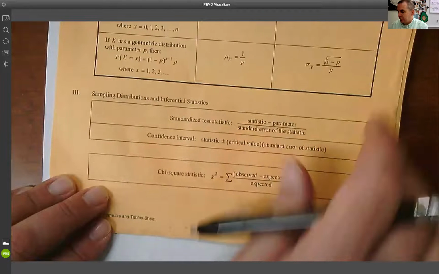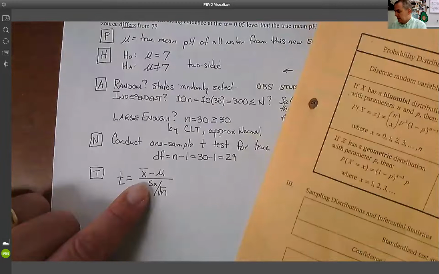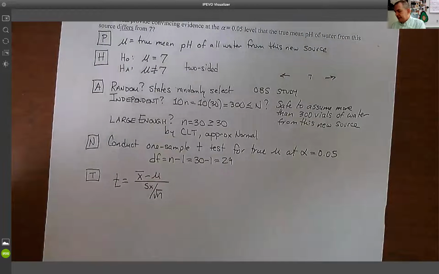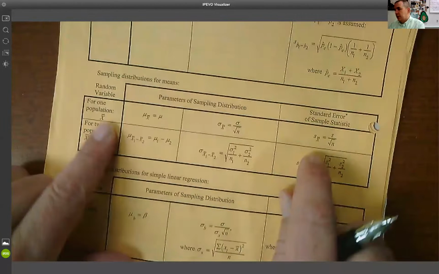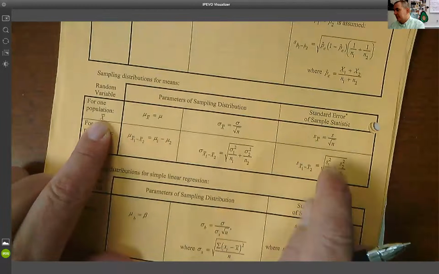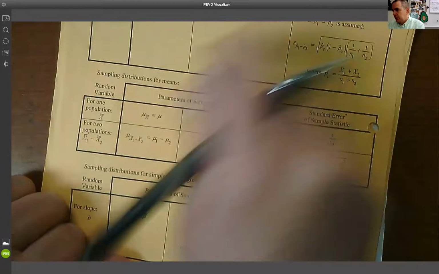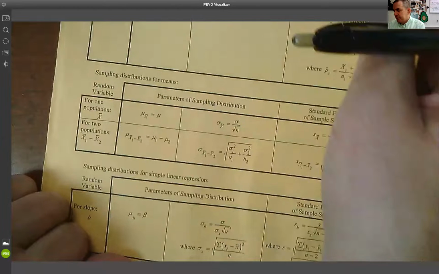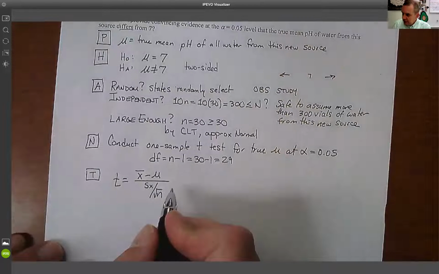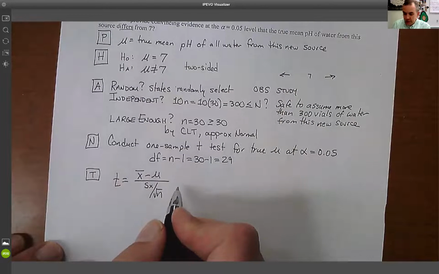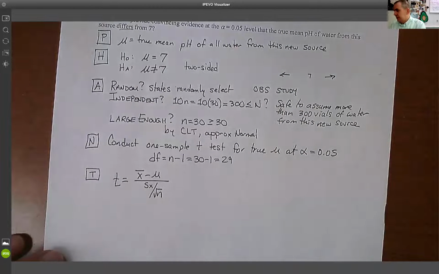That's the general form. Flip over to the back of that page. We're talking x bar as a statistic. There's our standard error, that's our denominator. And we're going to use mu as our mean. So now I'm going to go to my calculator. My calculator is going to do most of the heavy lifting.